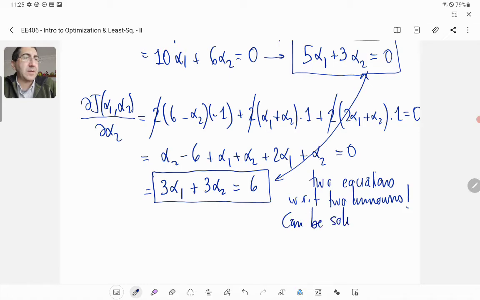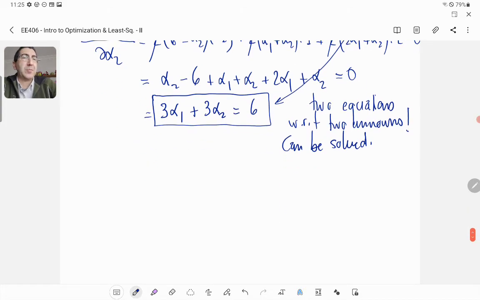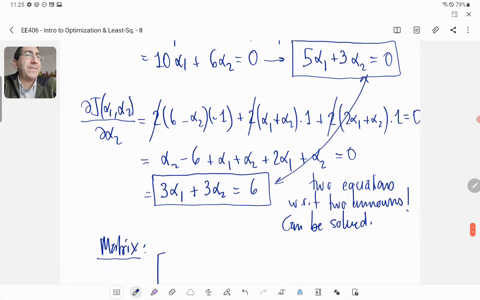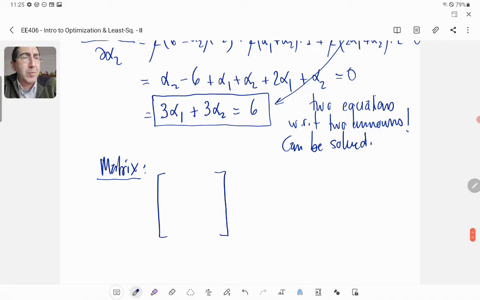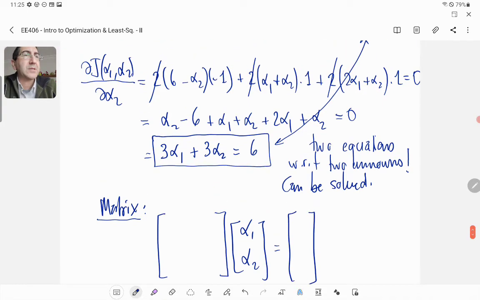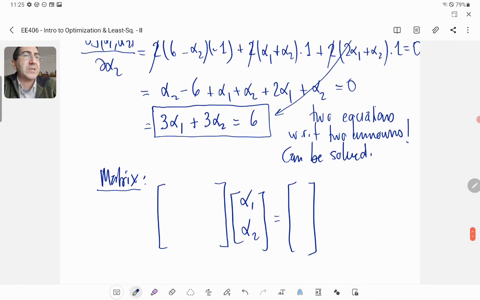Let's put this into matrix form, because in the second way I'm going to solve it, we will directly get this matrix equation. So I have a 2 by 2 matrix times alpha 1 and alpha 2 equal to a 2 by 1 matrix. Here I have 5, 3, 3, 3 and 0, 6.